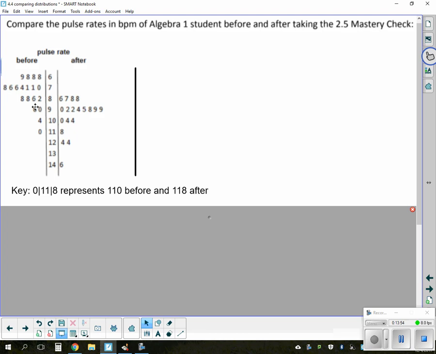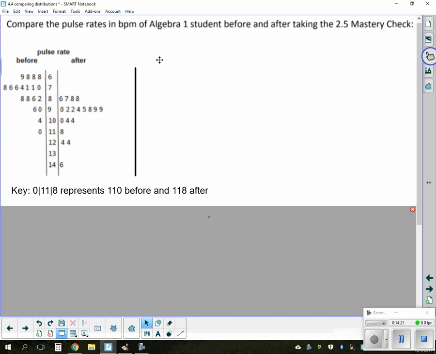Anyway, let me do it without actually showing that. So just thinking it through, you have more this way, right? Now imagine those kind of hanging down off of this. If you rotate it, they'd be hanging down. And you could see that you have more data here than you do this way. So hopefully you can see that that would be skewed right. If you need more explanation, come over and see me and I can draw you a picture a little better than I can on my little pad here.